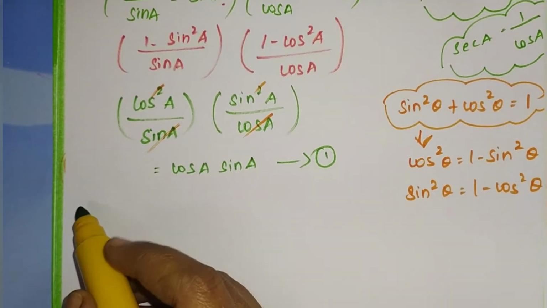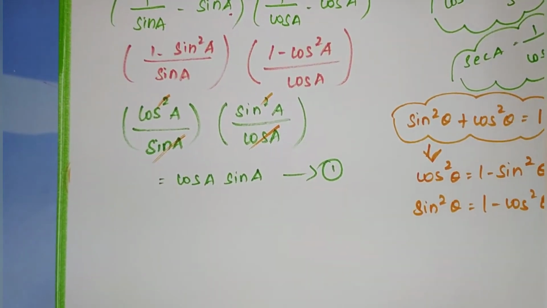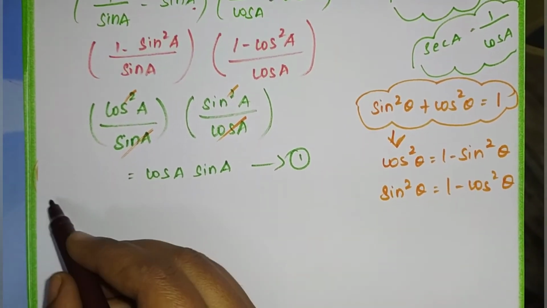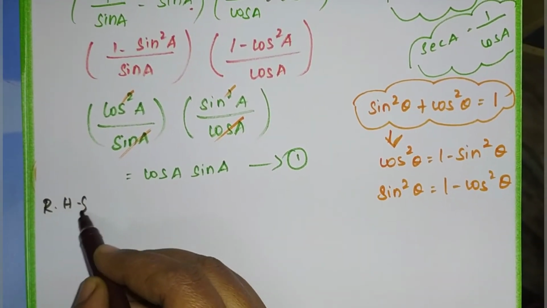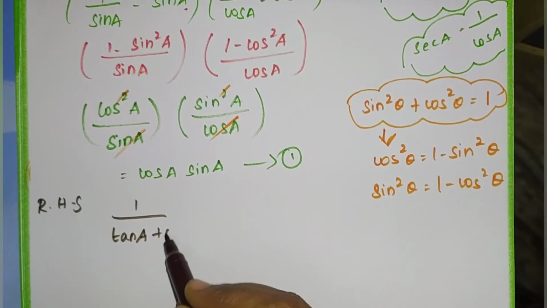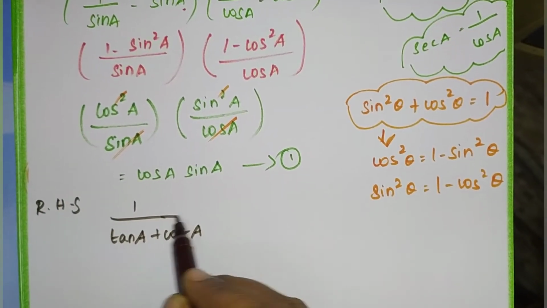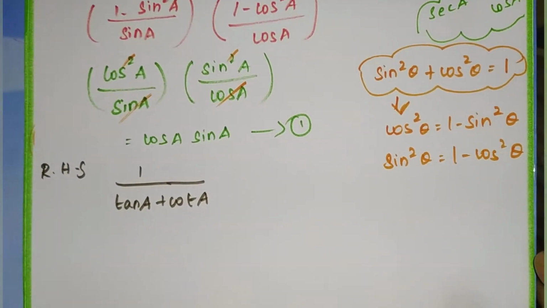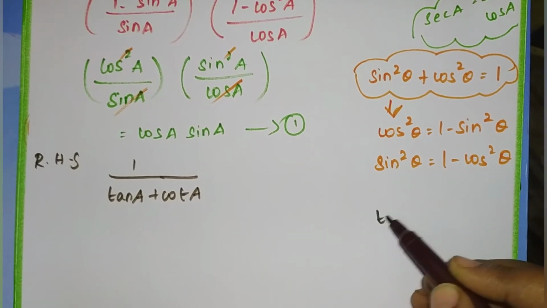Okay. Now take the RHS. You have to get this same answer only. RHS: 1 divided by (tan A plus cot A). Here we don't have any square, we can't apply any trigonometric identity, but we can simplify. How can we simplify?